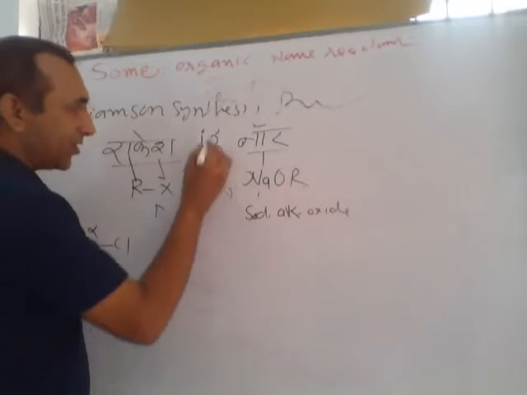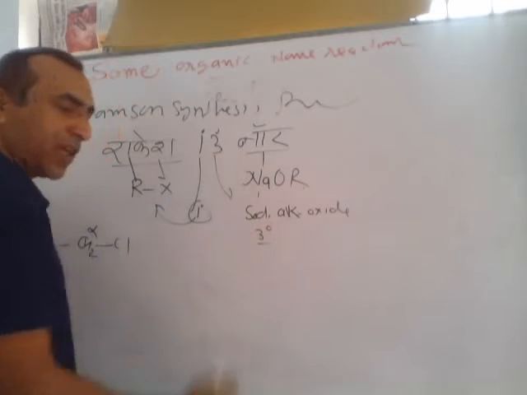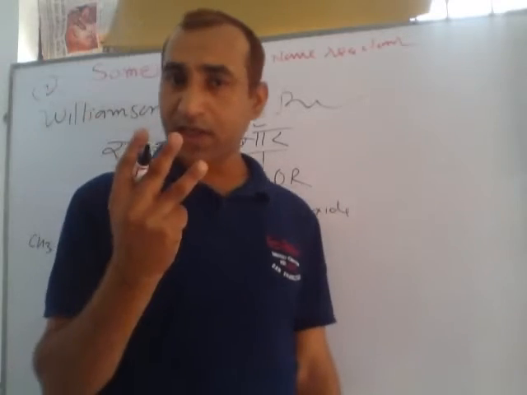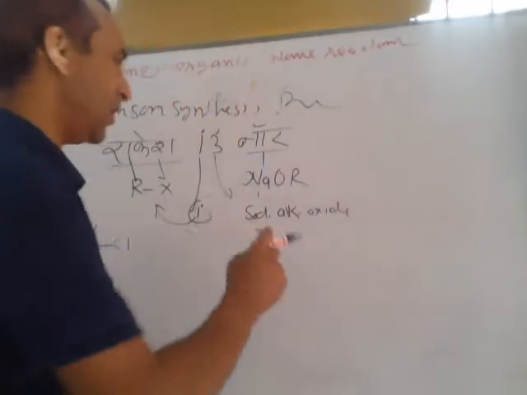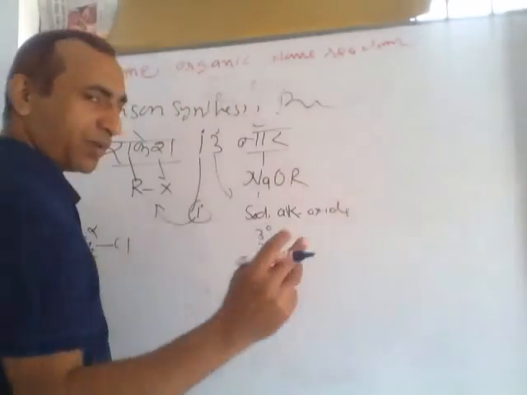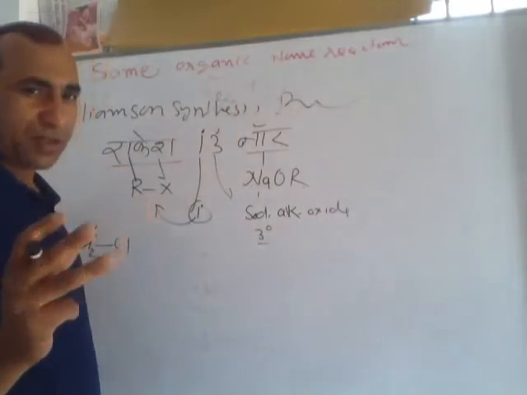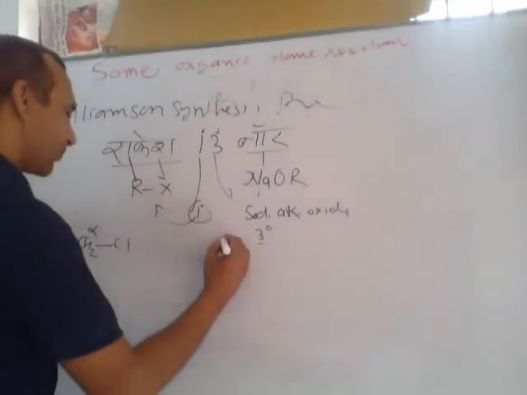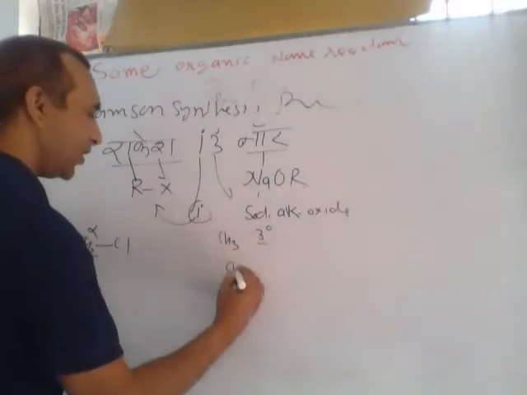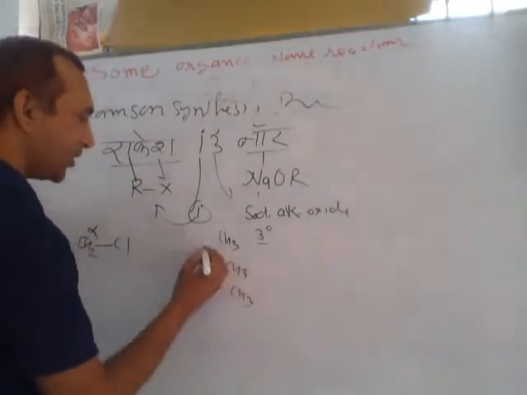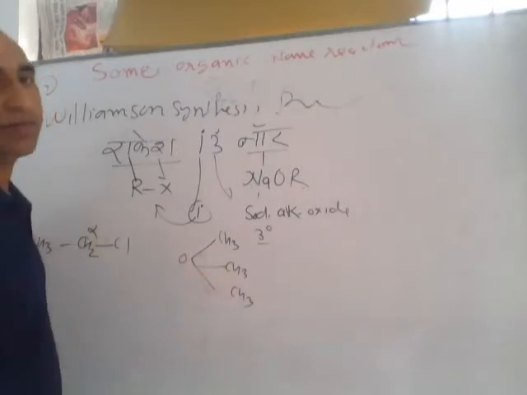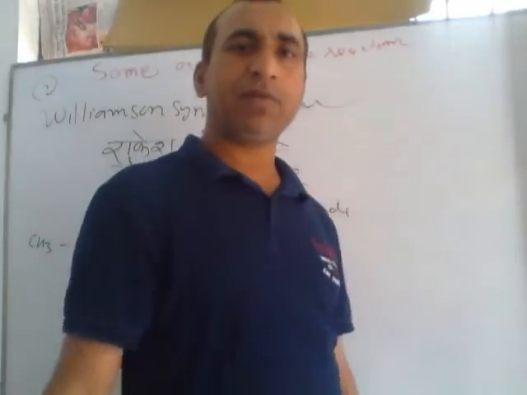And this sodium alkoxide should be in tertiary condition. Tertiary means R should be 3, meaning beta carbon should be 3. If you write C(CH3)3 directly connected with O, this is wrong because there is no alpha carbon.